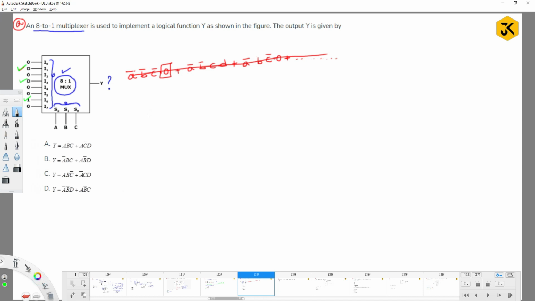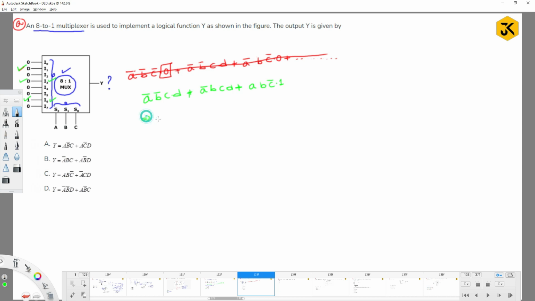Now, if I want to select the I1 input line, you have to have the value 0, 0, 1: A bar, B bar, C into D. If you want to select the I3 input, you have to have 0, 1, 1, which means A bar, B, C into D. Similarly, to select the sixth input line, you have to have 110, which means A, B, C bar into 1.